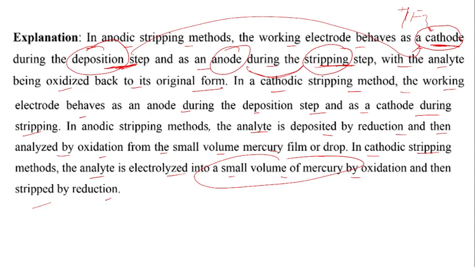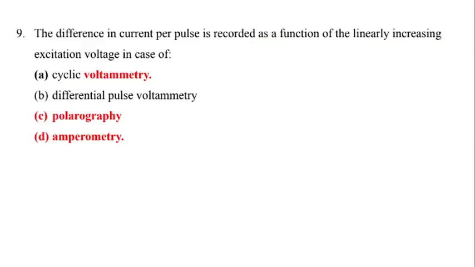Sorry, question number 8. Now it is question number 9. The difference in current per pulse is recorded as a function of the linearly increasing excitation voltage in case of, see, difference in current per pulse means you are changing the pulse and you are going to measure how much current is changing.